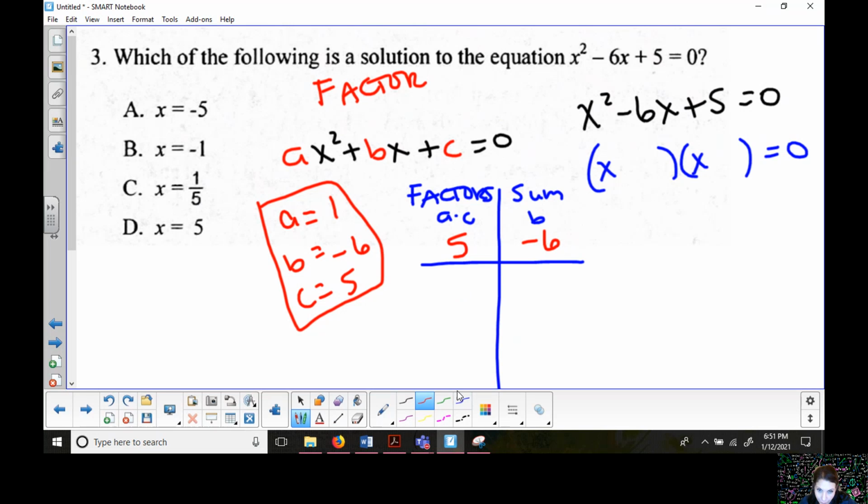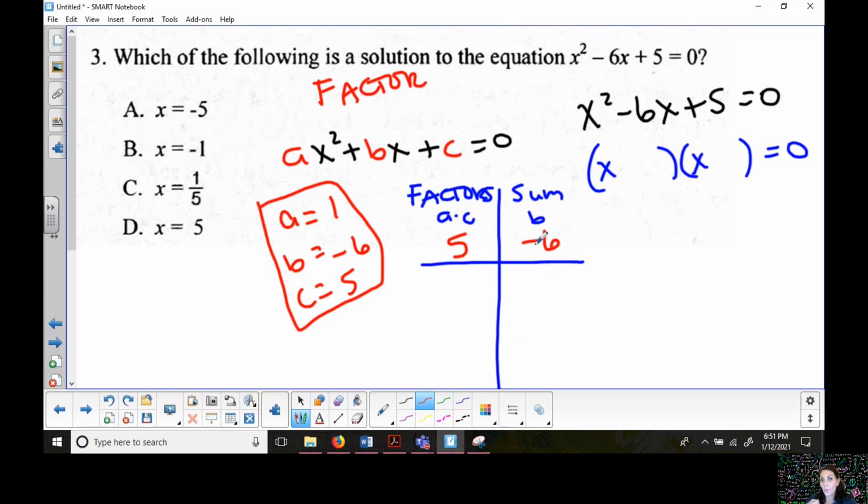This is actually something else to think about. When we're thinking of our factors, our product here is positive, but our sum here is negative. If our product is positive, that means that the signs for both of these factors have to be the same.